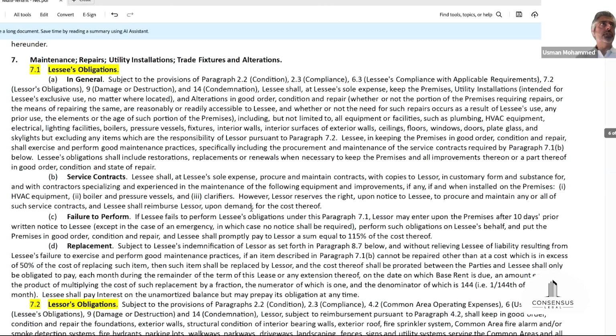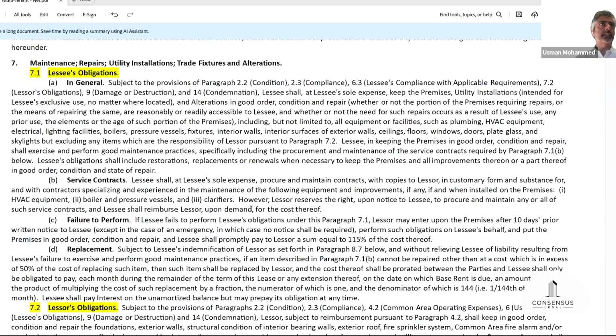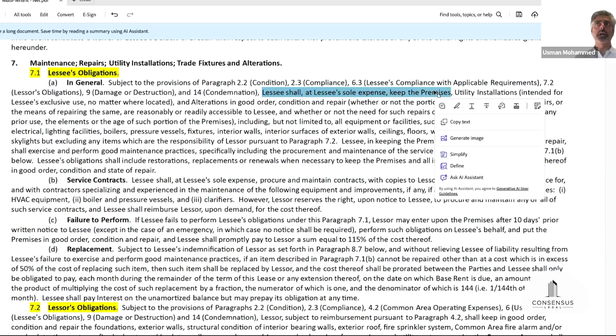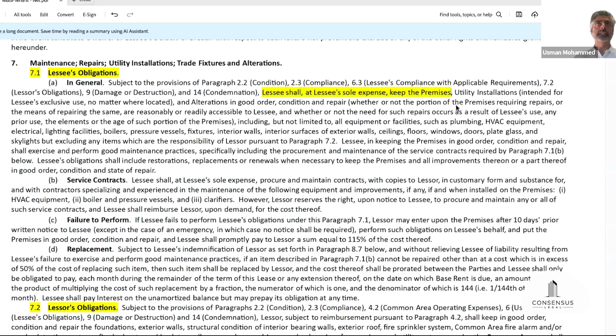Okay, so the general rule that lessee is responsible for the premises is right at the beginning of 7.1a. Lessee shall, at lessee's sole expense, keep the premises in good order, condition, and repair.